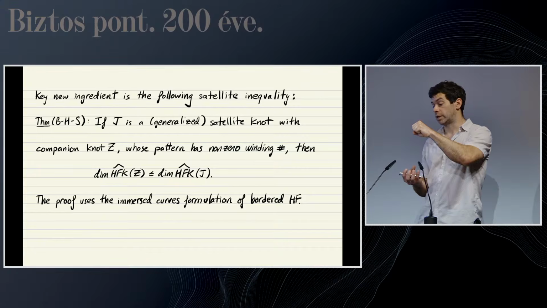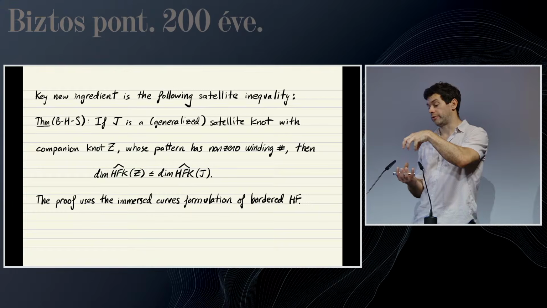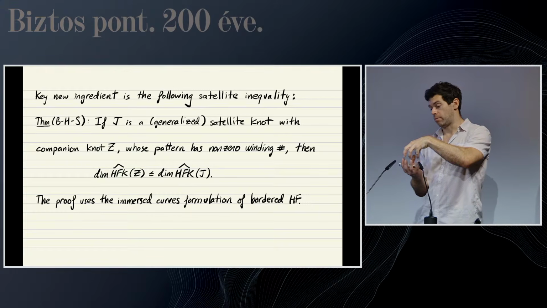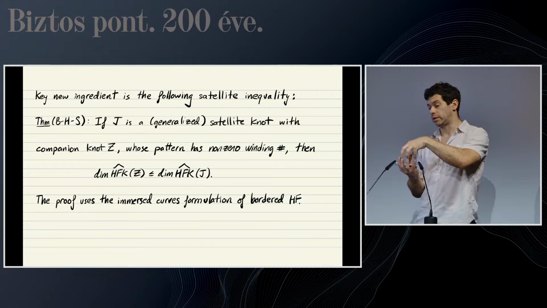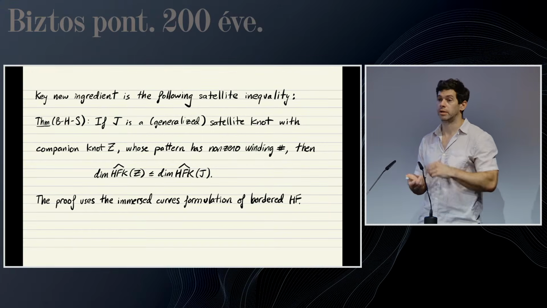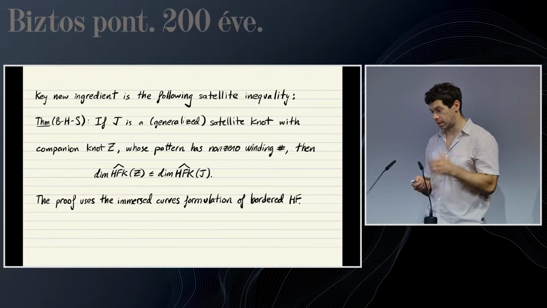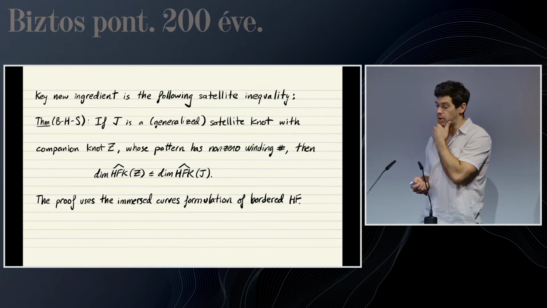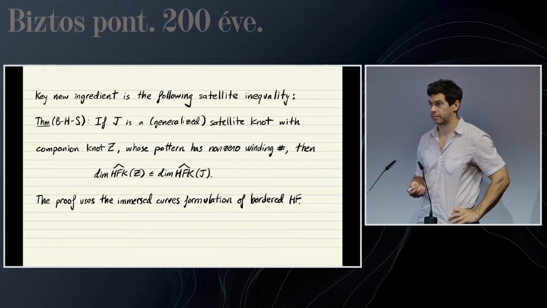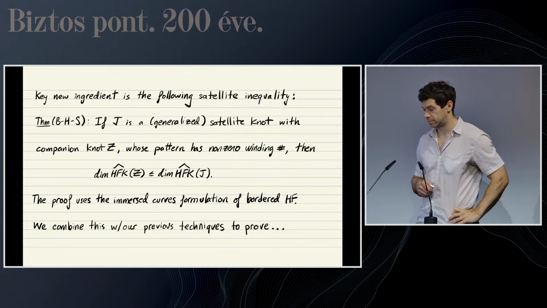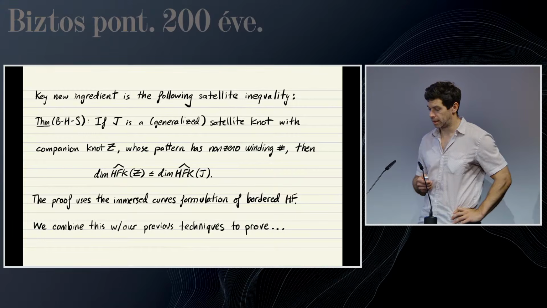And what you'd expect is that there's an inequality in Heegaard Floer homology between the Heegaard Floer homology of the glued manifold and the one where you just glue but replace one of these with the solid torus that one side pinches down to. And that's true, and they proved that using the immersed curves formulation. And our proof of this satellite inequality is modeled on that. Okay. So if you don't know about this immersed curves formulation, then that was meaningless.